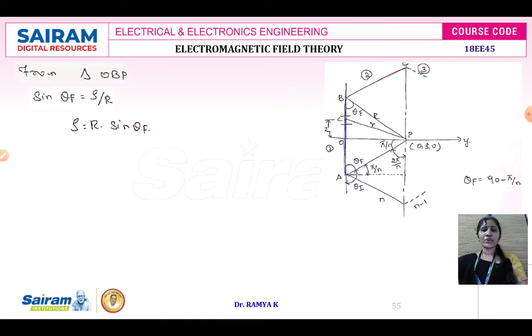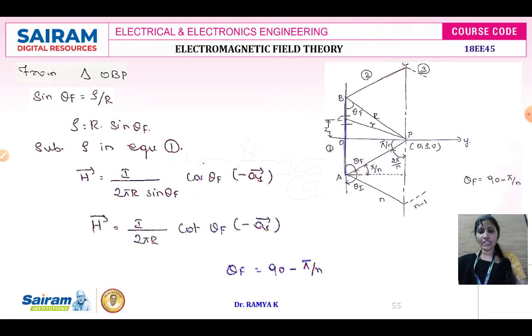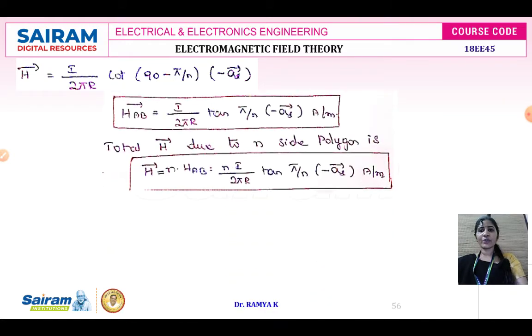When we do so, after this equation, cos theta f divided by sin theta f is going to be tan theta f. What is theta f here? Theta f is nothing but pi divided by n. So as theta f is 90 minus pi divided by n, we can write the value of H as I divided by 2 pi r cot of 90 minus pi by n.